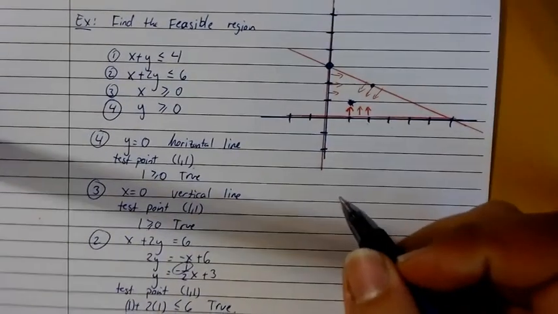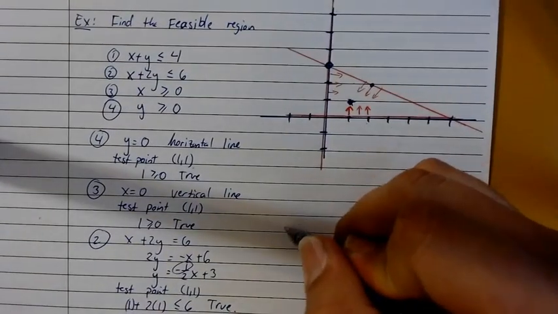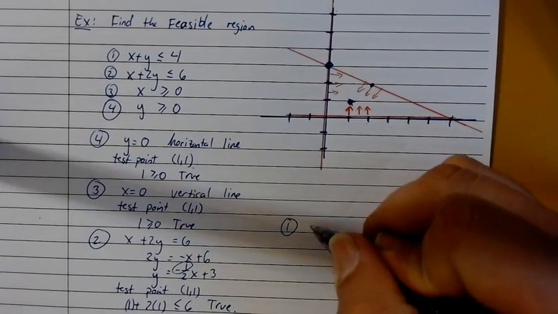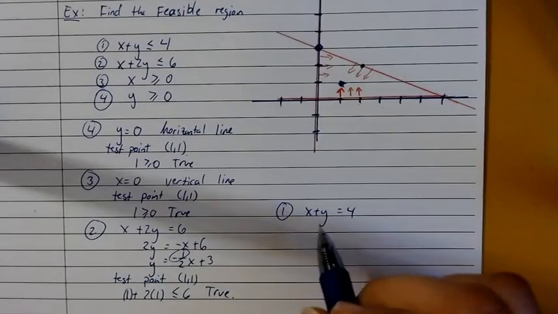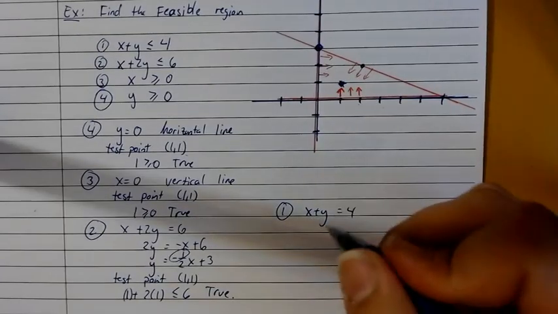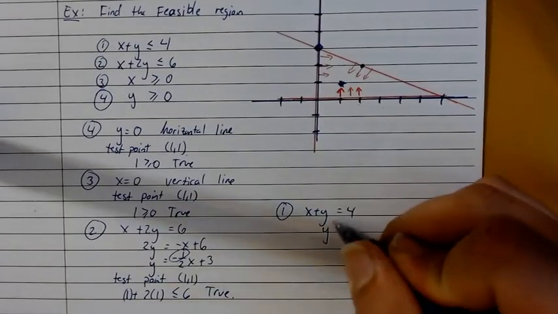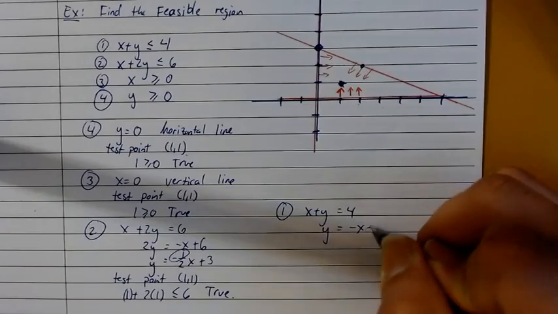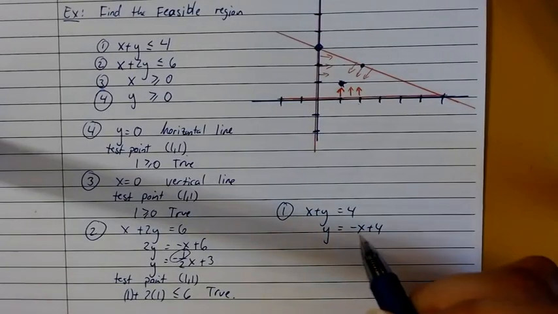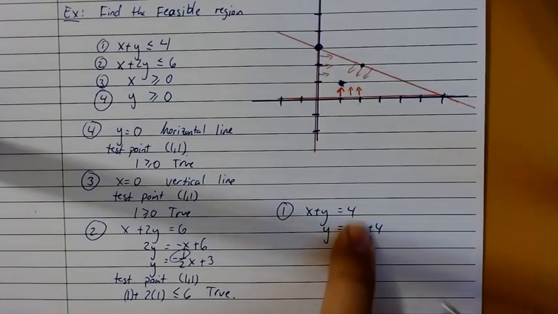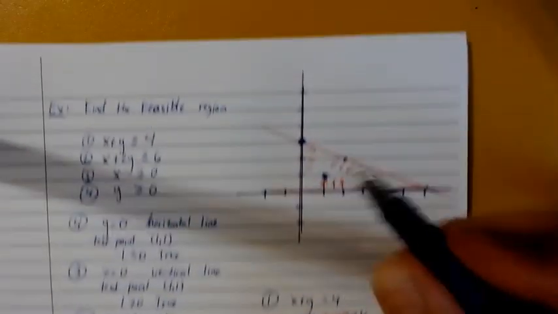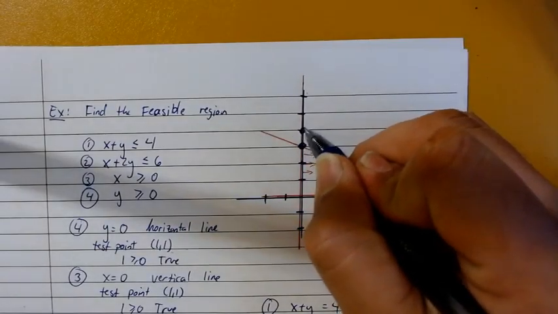And finally, our line number 1, we have x plus y is equal to 4. We can graph this one if we simply subtract x to the other side here. That gives me y equals negative x plus 4. And so here I have a y-intercept of 0, 4. When x is equal to 0, y is equal to 4. 0, 4.